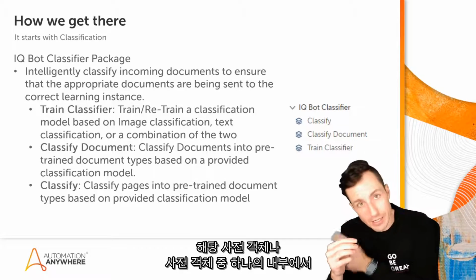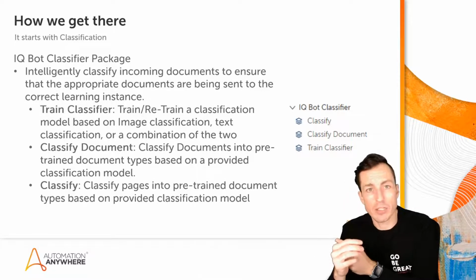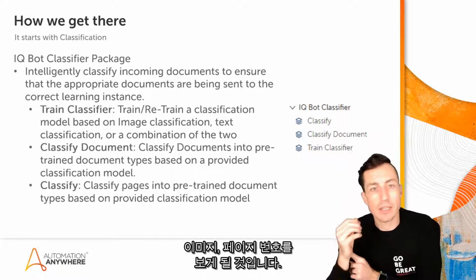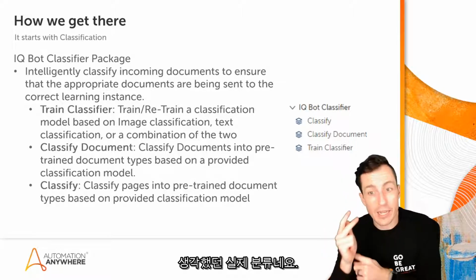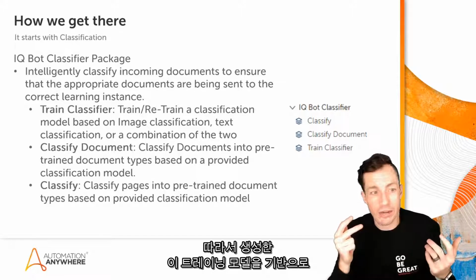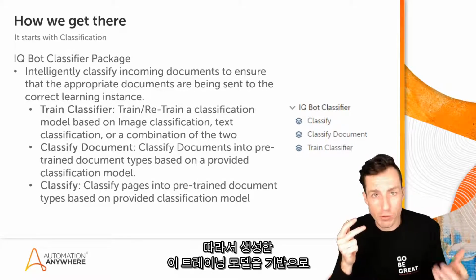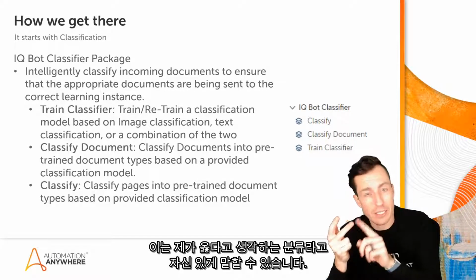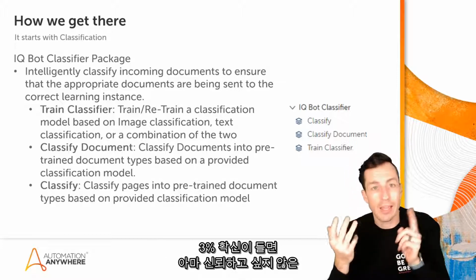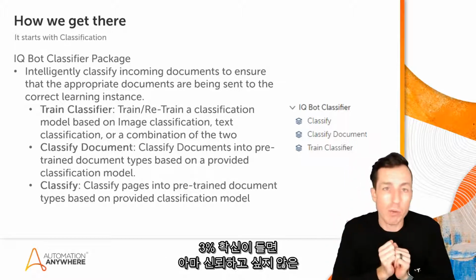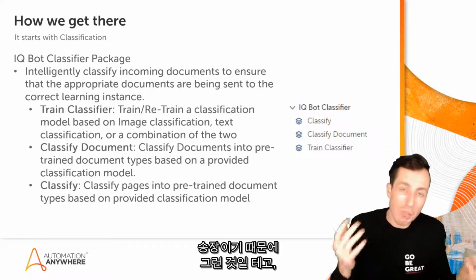But inside that dictionary object, or one of the dictionary objects, what we will see is the image, the page number, the actual classification that it thought, right? So based on this training model that you've created, this is the classification that I think is correct, and its confidence score. And so if it says, hey, I'm 3% sure this is an invoice, I probably don't want to trust that.